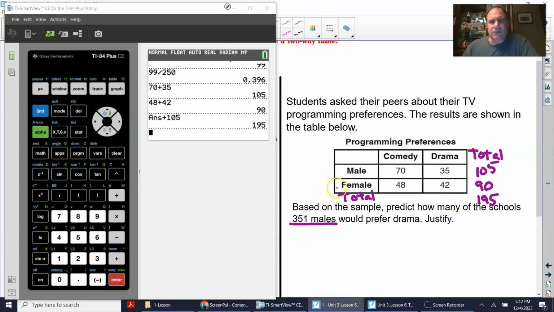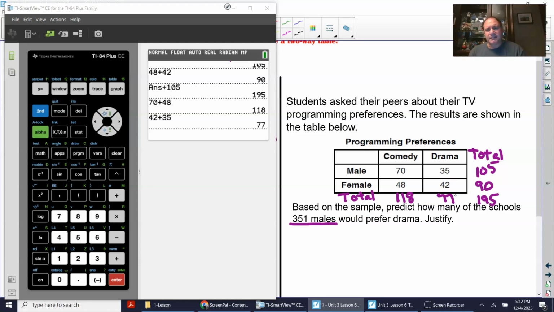So that's the total. Then you get 70 plus 48, this is 118. This is 42 plus 35, you get 77. So everything's total is ready.